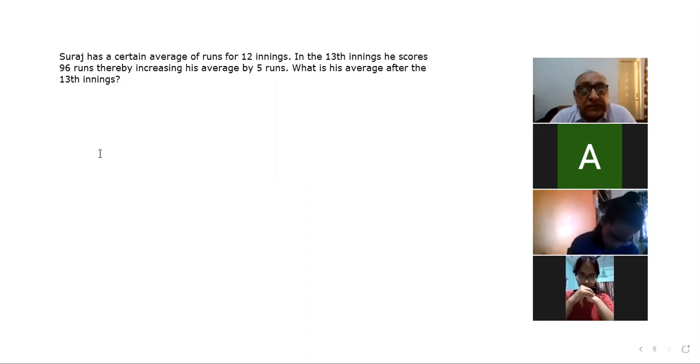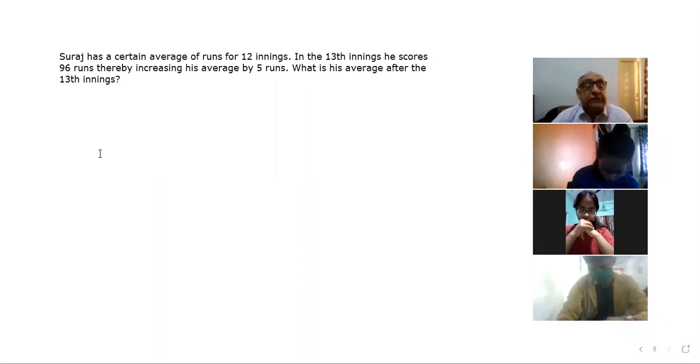So the question is that he has a certain average for 12 innings. In his 13th innings, he scored 96 runs, thereby increasing his average by 5. What is his average after the 13th innings? So that is the point.